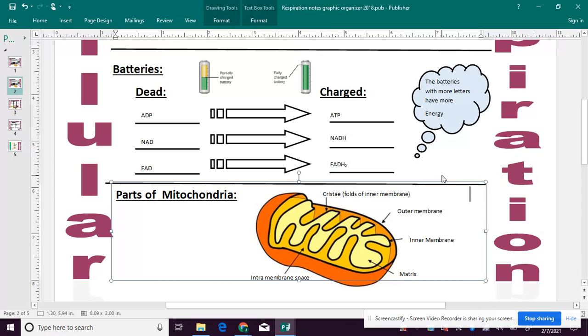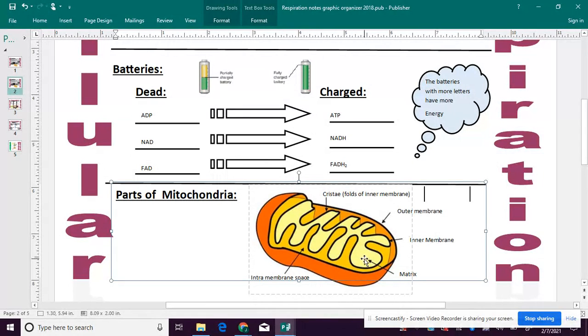If you remember when we were drawing our parts of the cell, we said the mitochondria always has that squiggly line through the middle. Well, that squiggly line is a very important part of what happens in cellular respiration, and it is technically called the inner membrane. So if there's an inner membrane, which is this dark black squiggly line on the inside, then the outer membrane is going to be the black line around the outside.